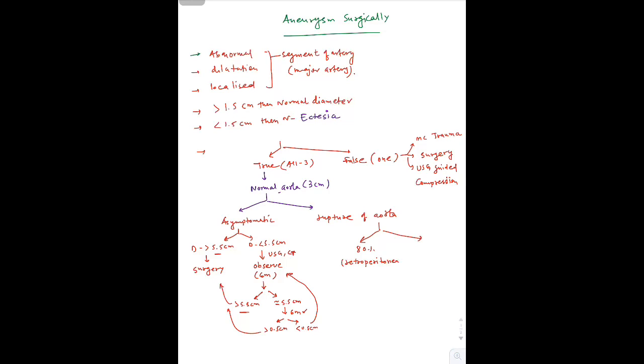Chances are more in retroperitoneal, and 20% chances are there for intraperitoneal. In intraperitoneal, there is a triad for abdominal aorta rupture.